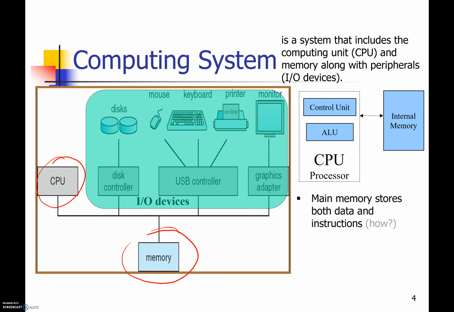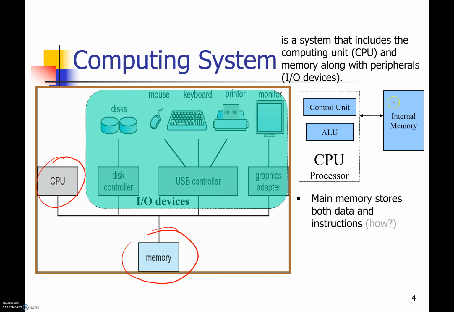And here the key idea in these modern architectures or modern computers is that you have these two components, a CPU and a memory. The CPU is an electronic device which can perform so many tasks, but all these tasks or instructions are not stored as part of the CPU. It needs to get the instructions from somewhere. So where are these instructions?